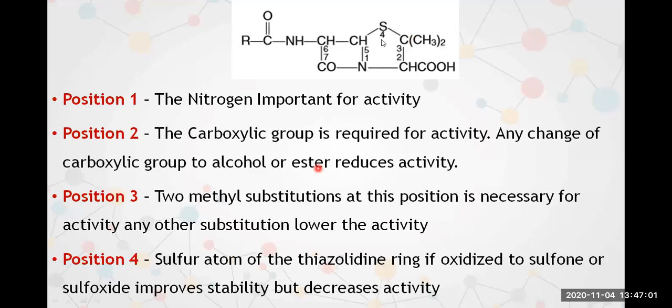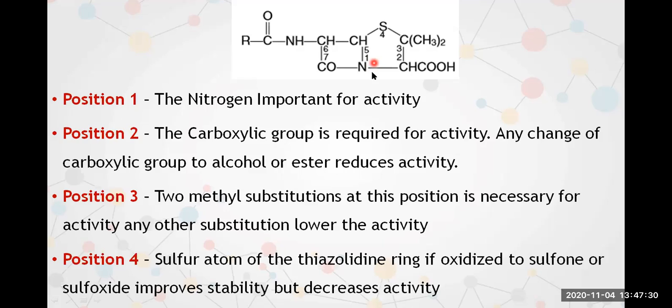Position number 4, where you can make the sulfones instead of sulfur, or you can also make the sulfoxide instead of sulfur. But see, if you do that, then what happens? There is definitely the stability of the penicillin will improve.